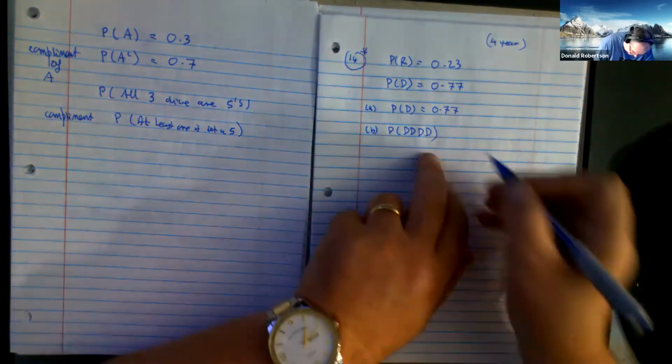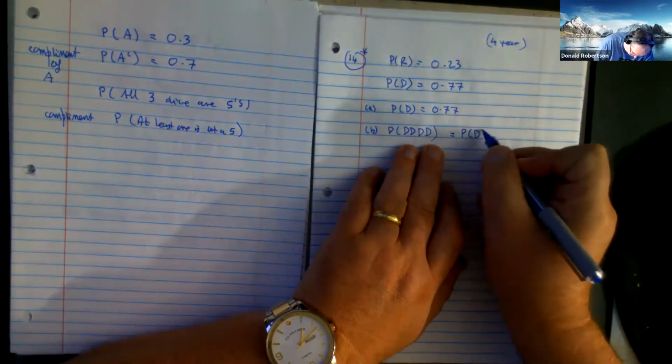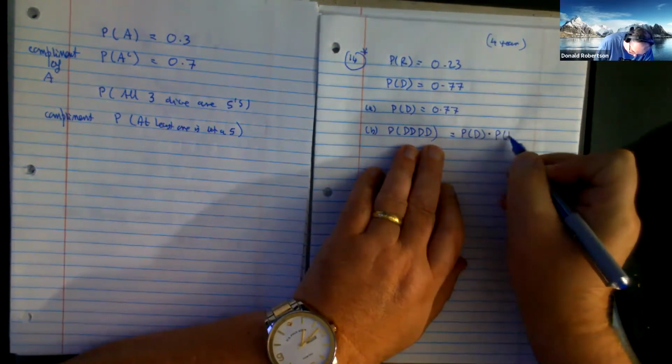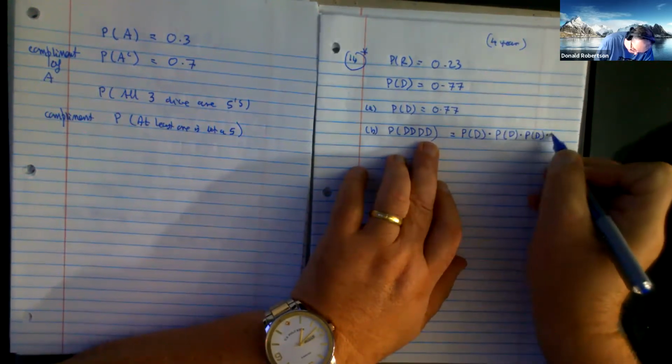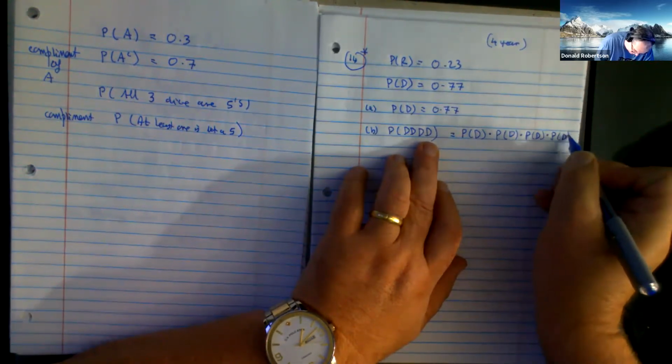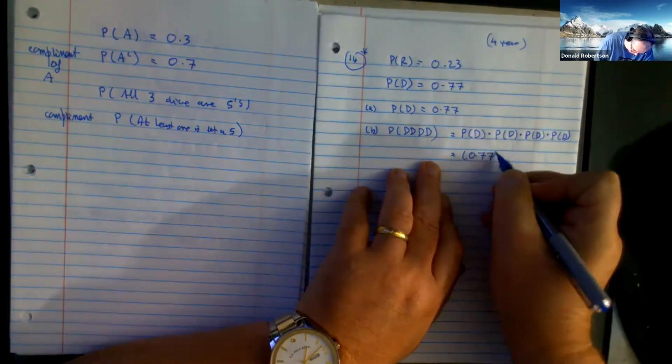So she got lucky. Every single time she got dry, dry, dry, and dry. Now, the multiplication rule says that if you want to do this particular one, you can multiply each one together separately. And that's 0.77.